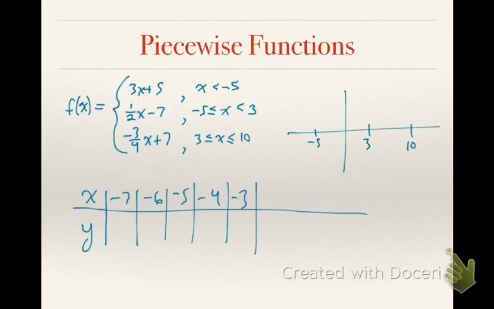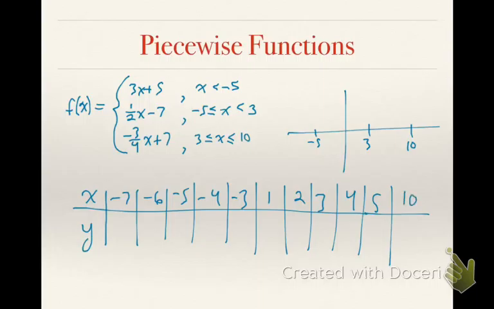Okay, and then let's skip a few, all the way up to maybe 1, 2, 3, 4, and so forth, and then maybe 5, and all the way up to 10. Okay, I can create a table of values to help graph this.